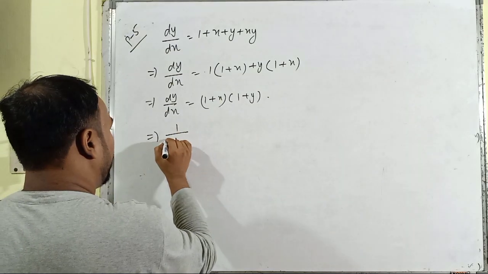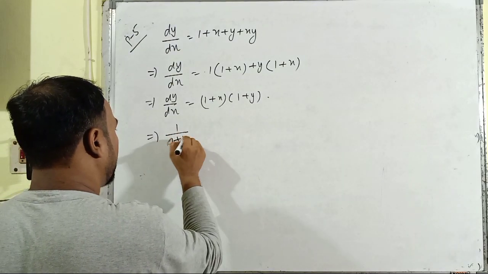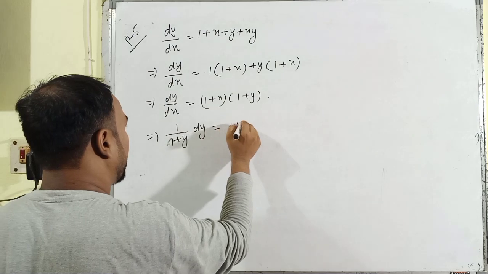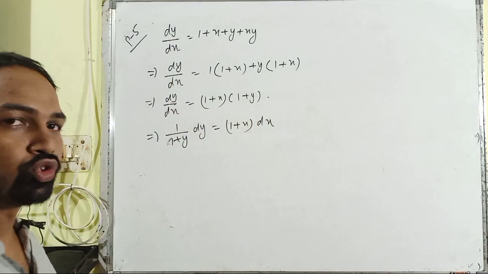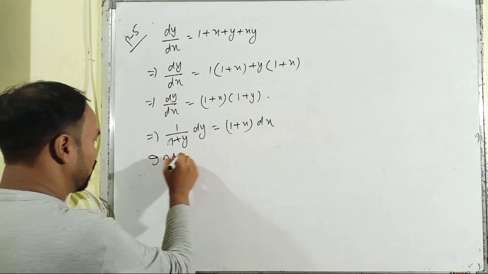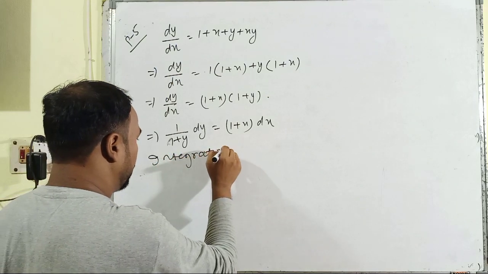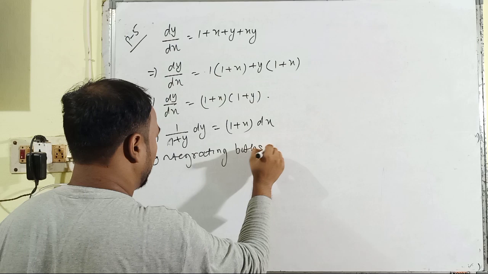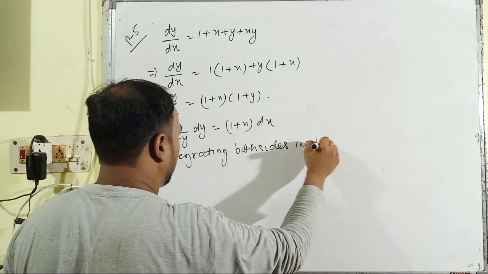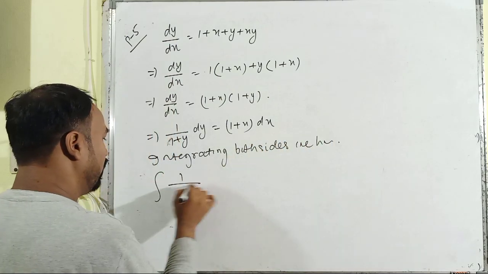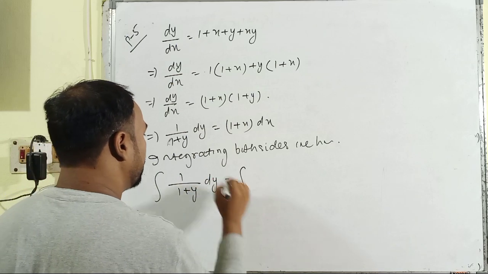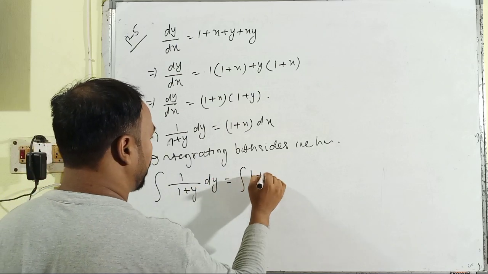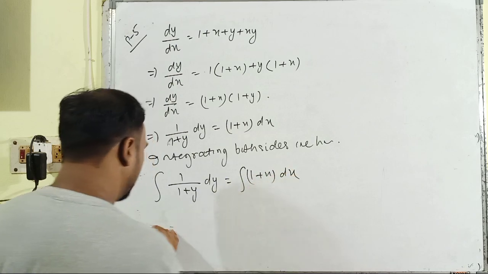1 upon 1 plus y dy is equal to 1 plus x dx, and then we have to integrate both sides. So integrating both sides, we have the integral of 1 upon 1 plus y with respect to y, and then in the right hand side the integral of 1 plus x dx.